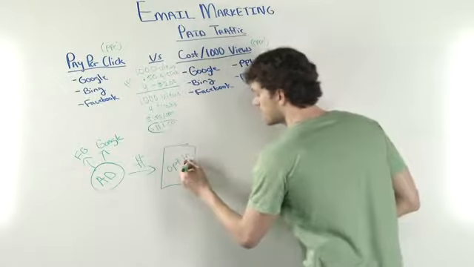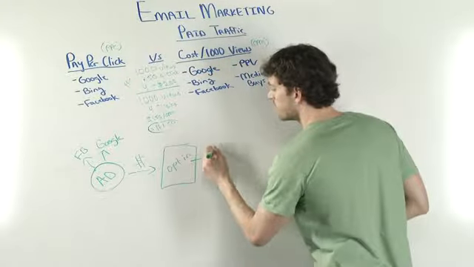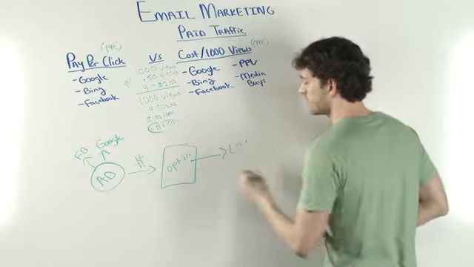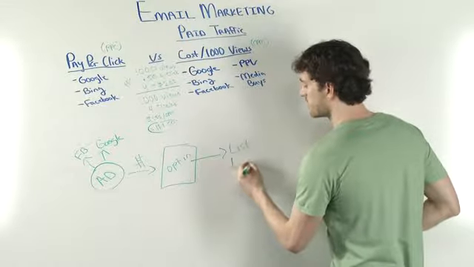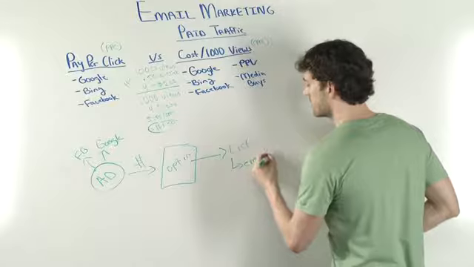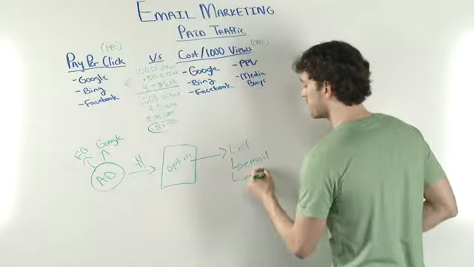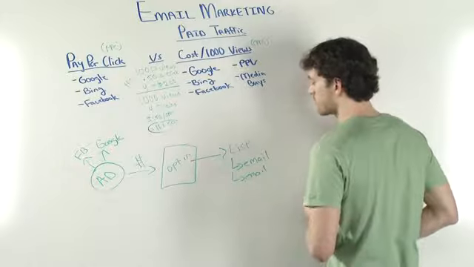From there, this ad is going to put people into your list. Your list is going to begin sending your emails, which we talked about earlier, which are your autoresponders.